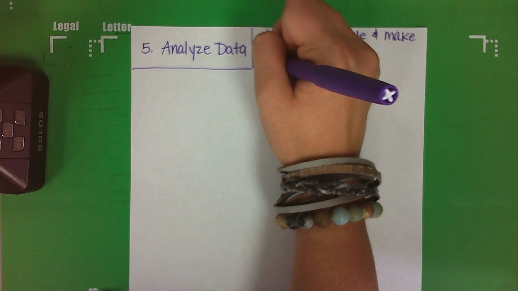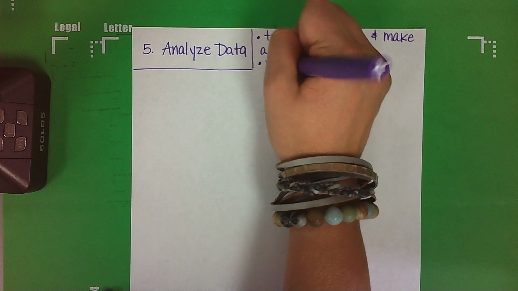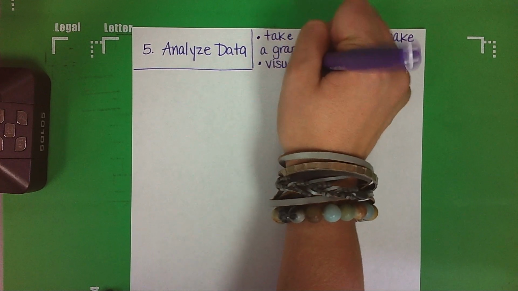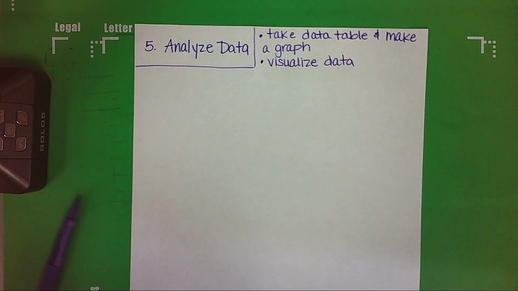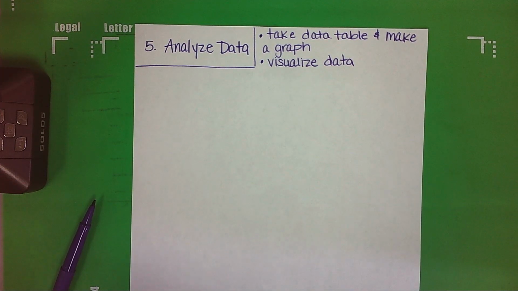Okay, you visualize your data. This is the step where you're going to take that data table and turn it into a bar graph, or a line graph or a pie chart or something to where you can visually see the relationship.